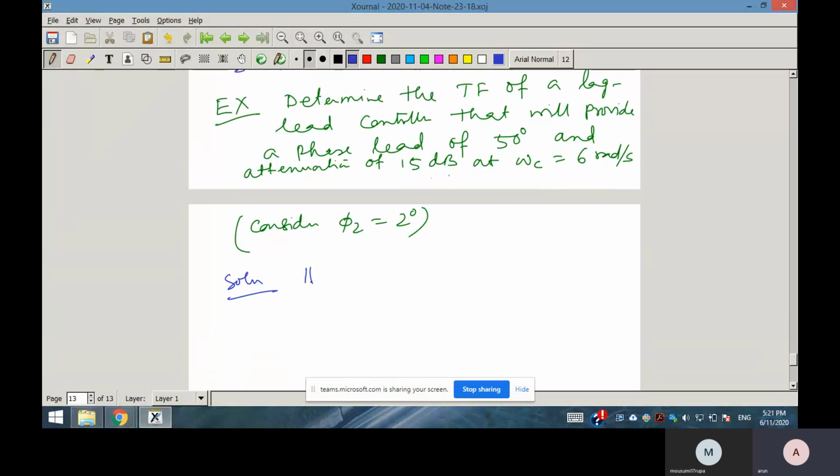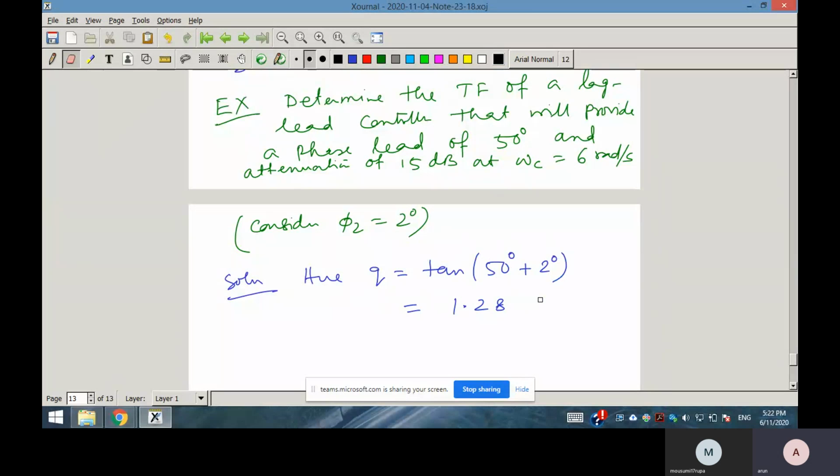So here what is q? Q is tan of how much phase lead is needed, 50 degree, and how much lag the lag controller will provide, 2 degree, at this frequency omega c. So if you compute, this will be equal to 1.28.